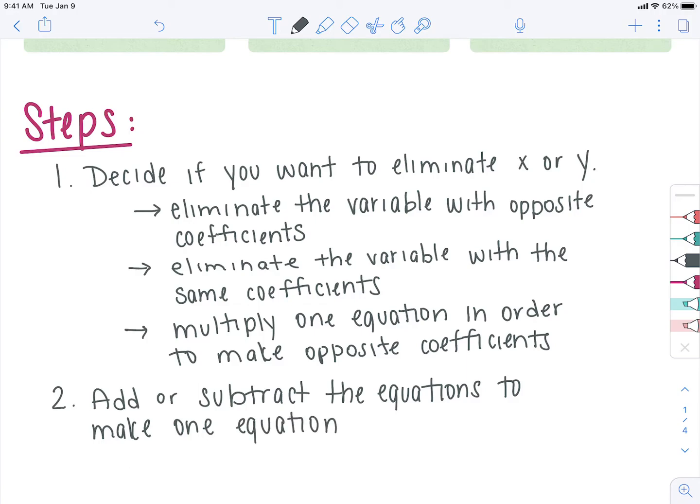And at this point, once you add or subtract these equations and get to just one equation instead of two, your new equation should only have one variable in it. Because the whole point was we wanted to eliminate one of the variables, so we should only be left with one variable. So we want to add or subtract the equations to make one equation with one variable.